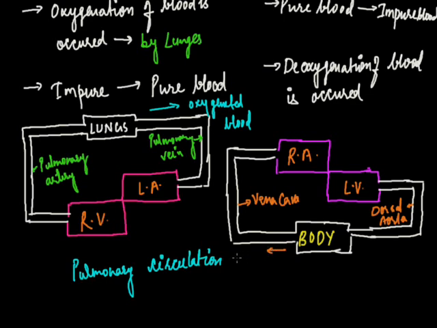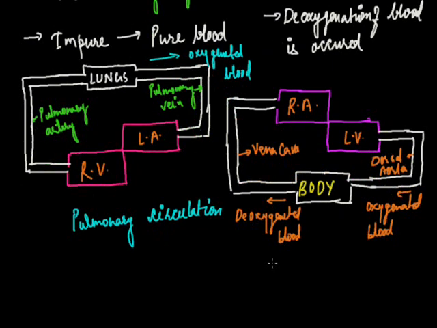This blood is deoxygenated blood, and this blood is oxygenated blood. This kind of circulation is called systemic circulation.